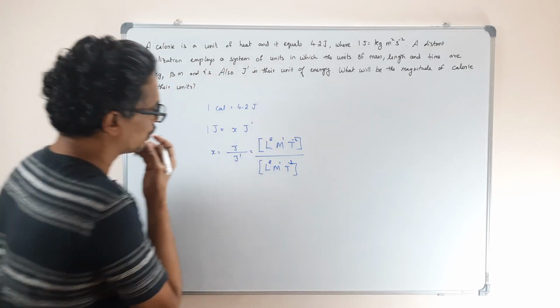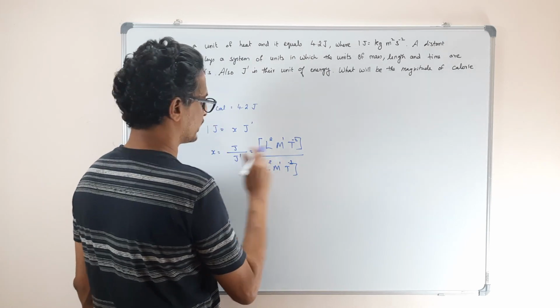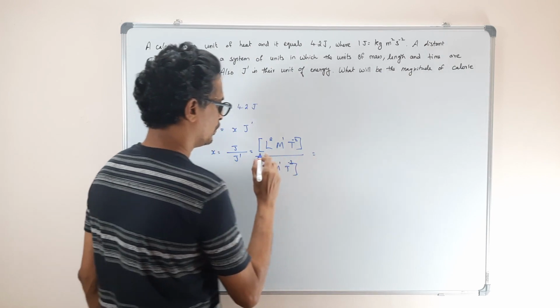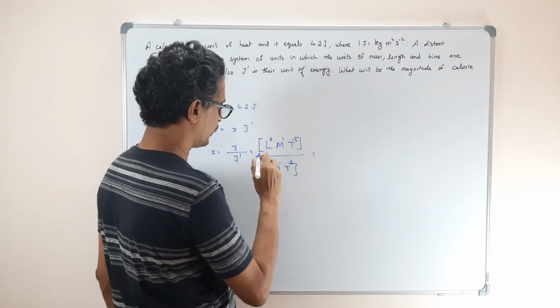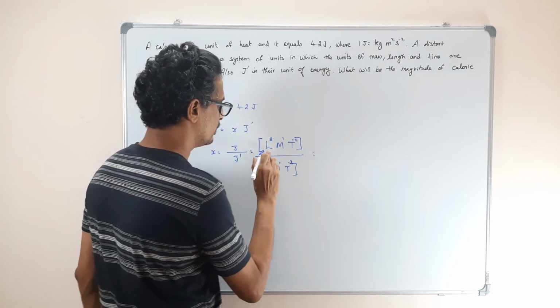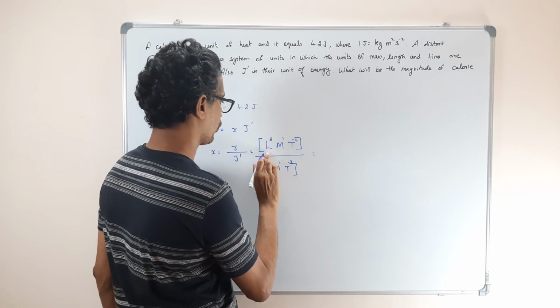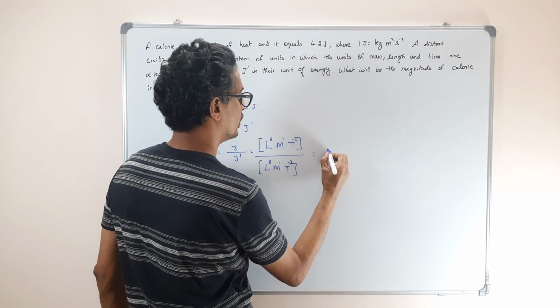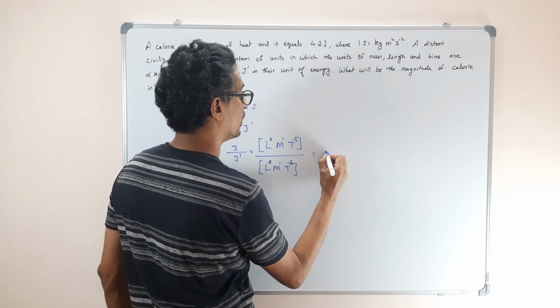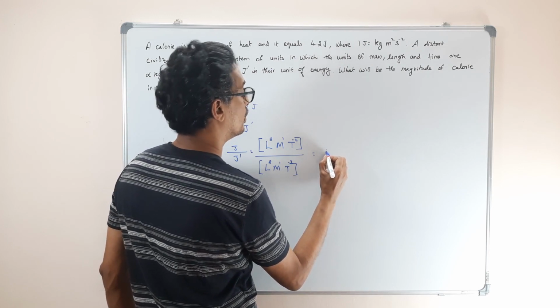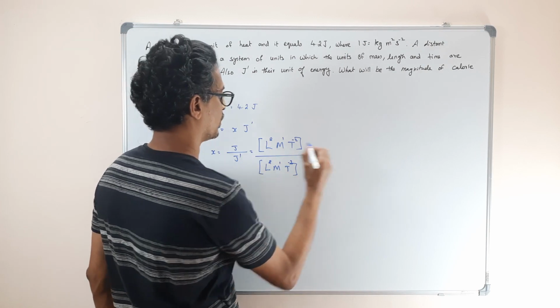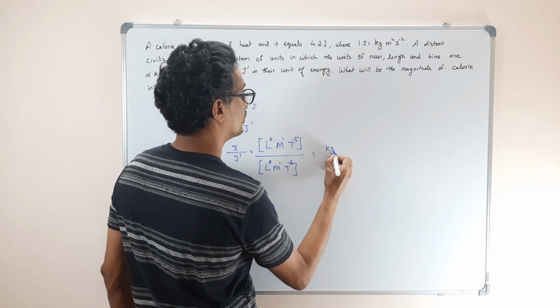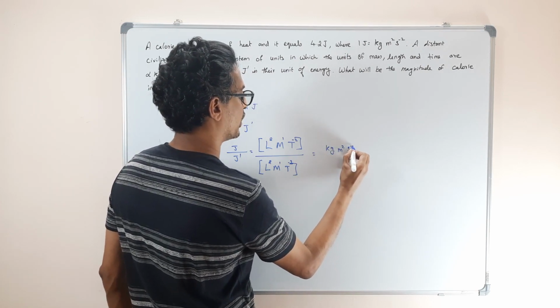In SI units, this will be kg meter square second minus 2.